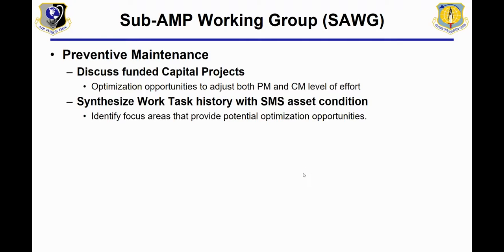And PM, it's a great opportunity to take a look, since you do have that B camp tie-in, to take a look at the capital projects that are out there. Have they been funded? So not, we think we're going to get funding this year, but we honest to goodness have money against this project. It's going to get awarded.